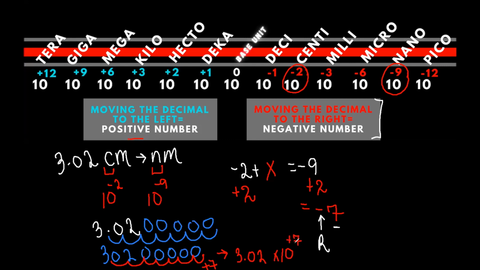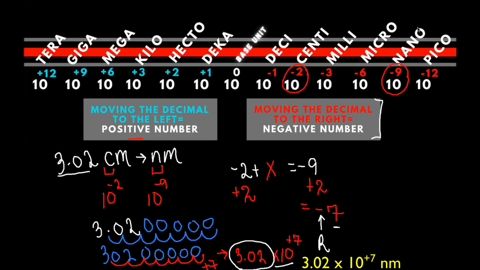Okay? And then you want to make sure that you finish and start with the same number of significant figures. So over here we have 3 sig figs, and we're finishing out with 3 sig figs as well. Okay? So that's our final answer.